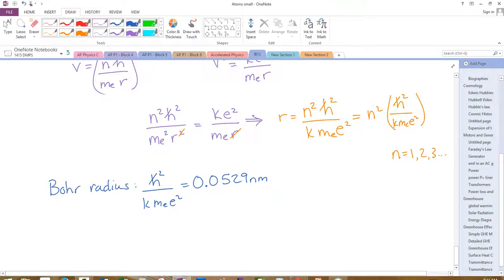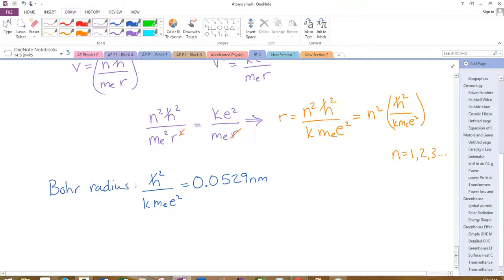We've done measurements since, and this is indeed the radius for hydrogen. Just for hydrogen, yes. Any other orbit can be expressed in terms of the Bohr radius. It's just going to be n squared times the Bohr radius. But wait, there's more.